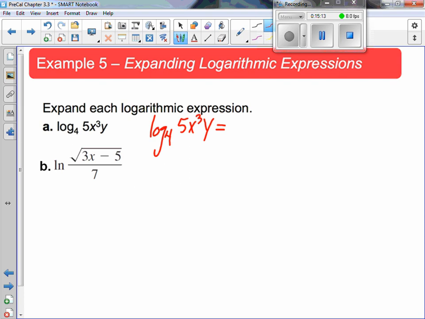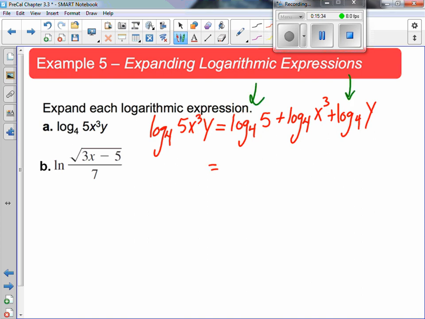Well, there's not any division here, is there? No. So multiplication would tell me that this is log base 4 of 5 plus log base 4 of, plus log base 4 of, yes. Well, those two are done because there's nothing else we can do with it.